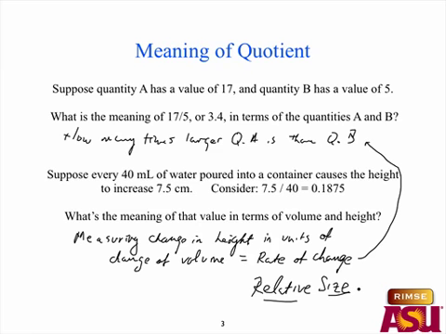How much, relative to 1 unit of volume, is the size of the change in height? Or how much larger is one than the other? How much larger is height than volume? Well, it's 0.1875. It's actually a fraction of volume. Does it make sense? Really important idea.